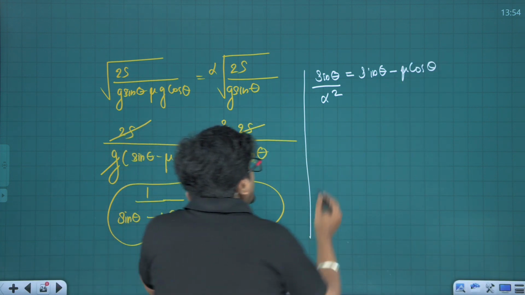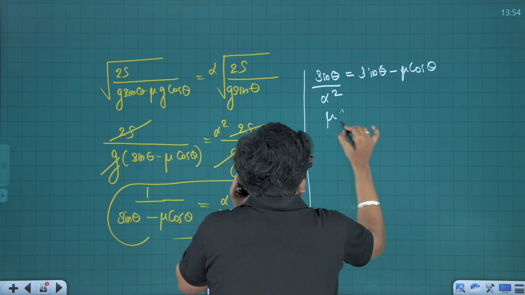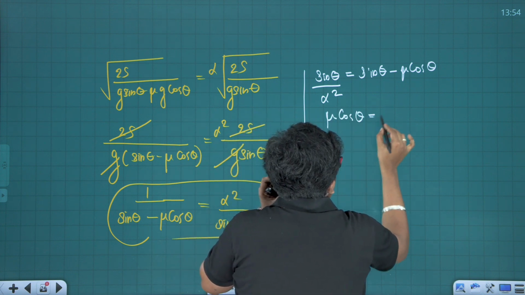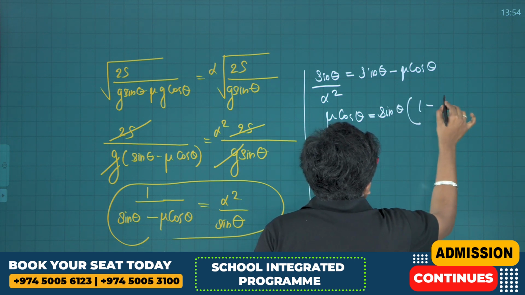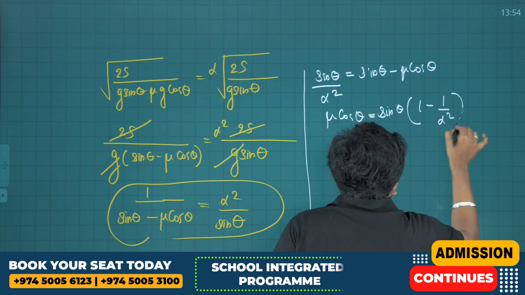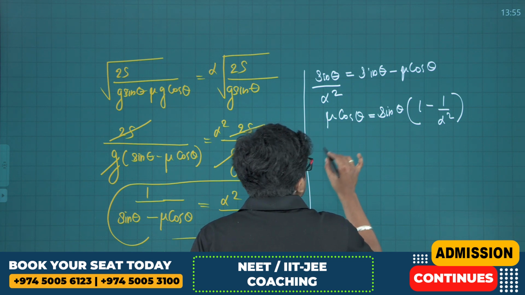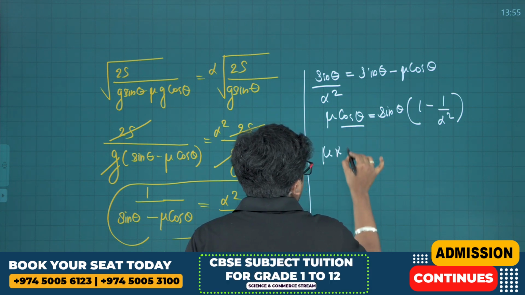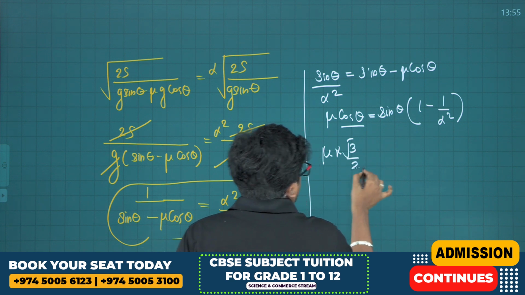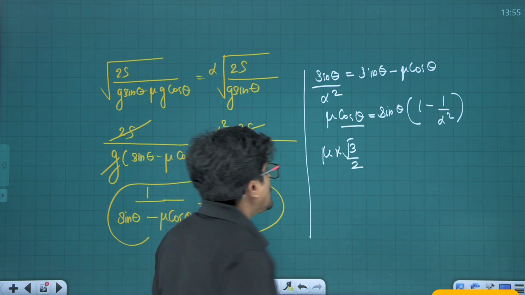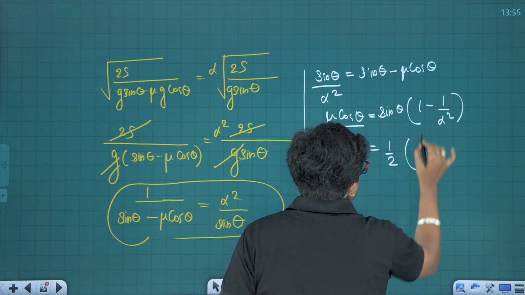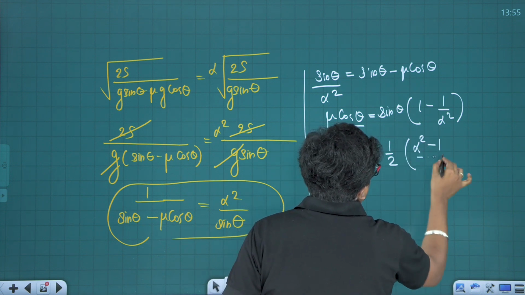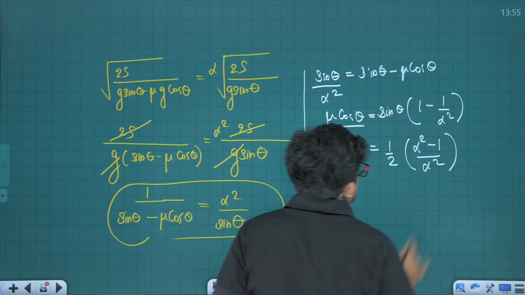On rearranging this I can say that mu times cos theta is equal to sine theta, which is going to be common, into 1 minus 1 upon alpha square. So now mu into, what is cos theta? Cos of 30 is root 3 by 2. That's equal to sine theta, which is 1 by 2, into alpha square minus 1 upon alpha square.